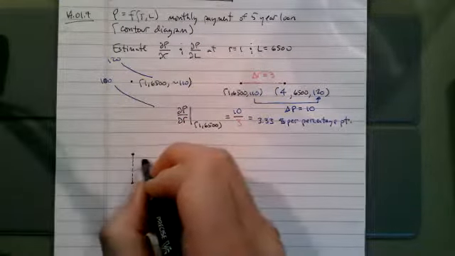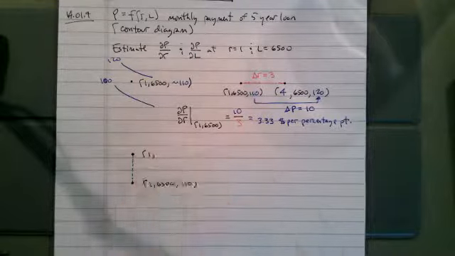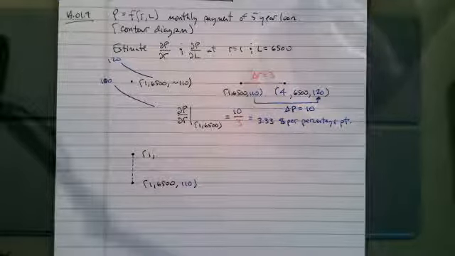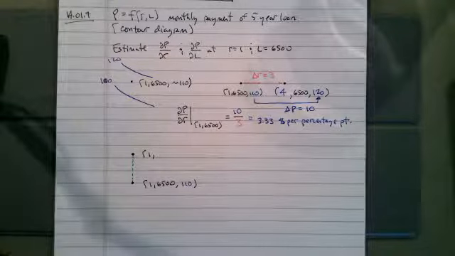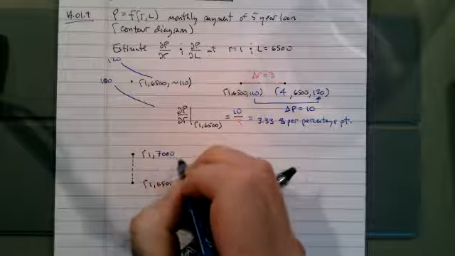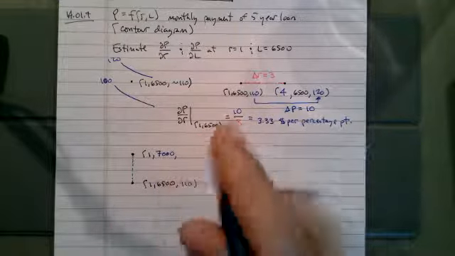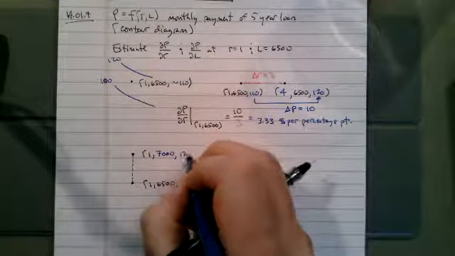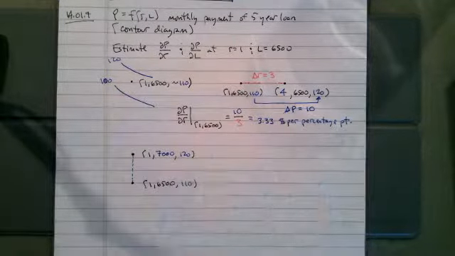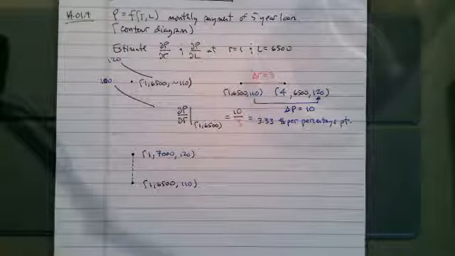We're going to stay on that vertical line where R is equal to 1. The next place we hit the 120 contour is at $7,000. So I'm going to approximate that at approximately $7,000 is where we hit the 120 contour.